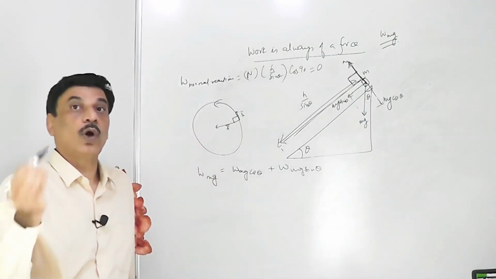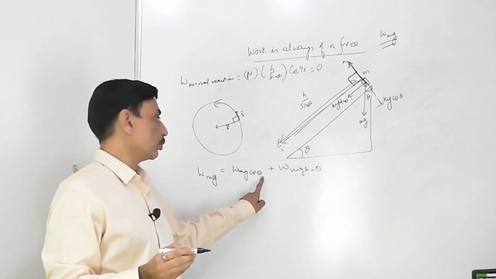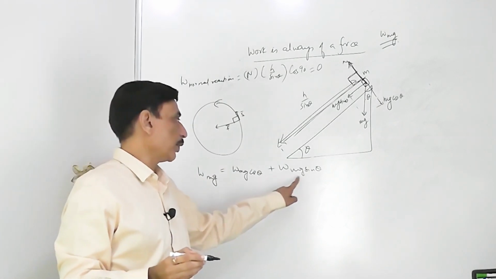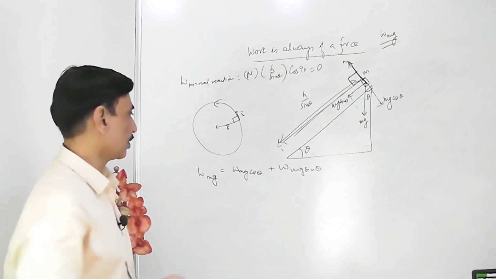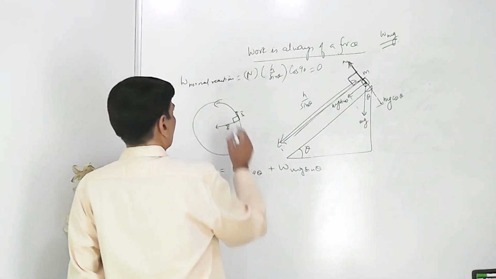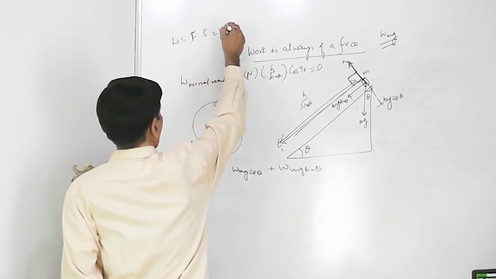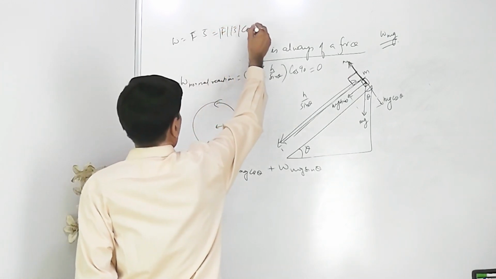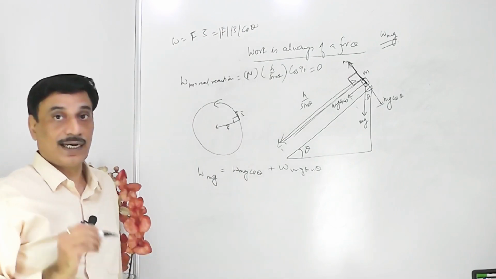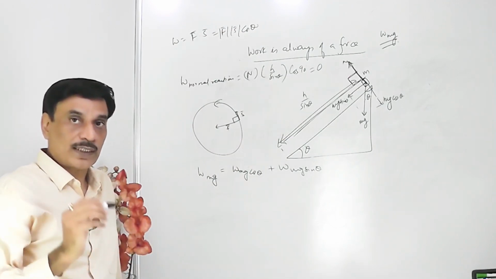Remember, work is always a force. Over here, mg cos theta we are considering as force, and over here mg sin theta we are considering as a force. Now, when we have to consider a force, once again, work is equal to F dot S, which is the magnitude of F, magnitude of S, and cos theta, where theta is the angle between the force vector and the displacement vector.